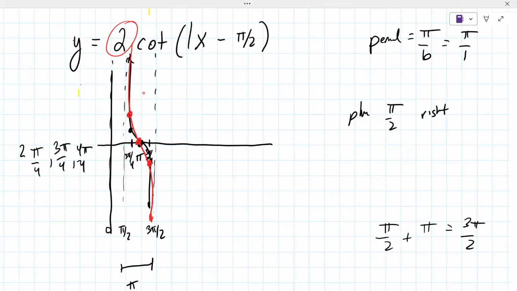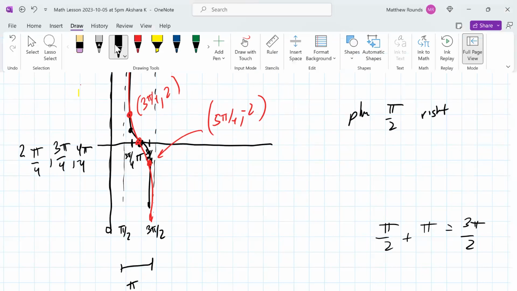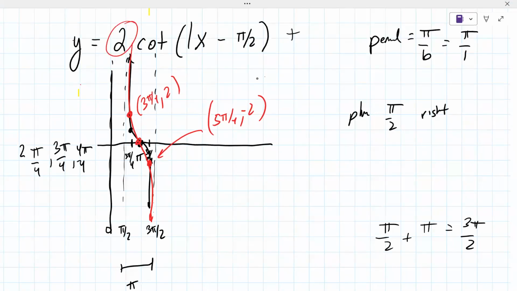So this new point is 3 pi over 4 comma 2. And then this point right here is 5 pi over 4 comma negative 2. And then your instructor could add in vertical shifts, plus a number over here, which would just add to the complexity altogether.